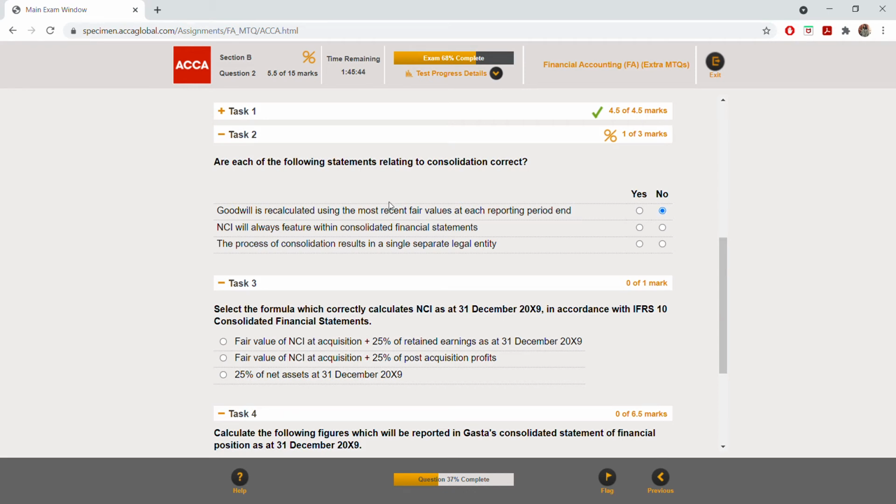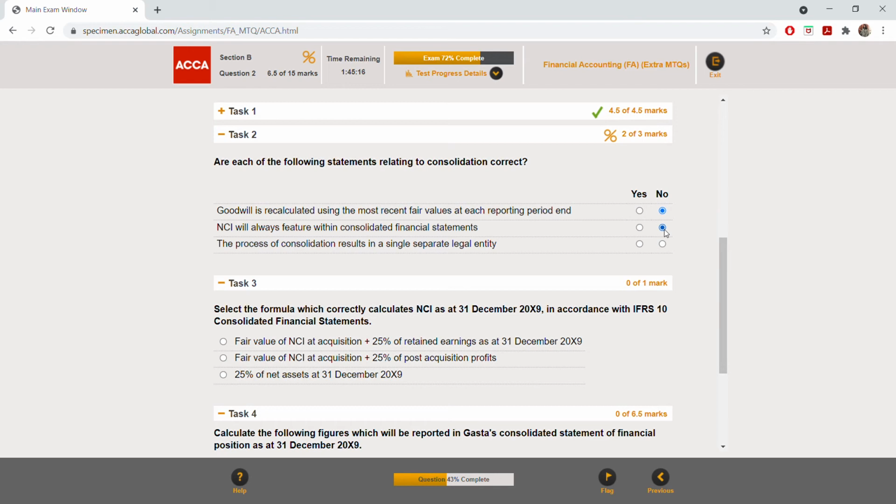Next, NCI will always feature within consolidated financial statements. Is it? No. Why? Goodwill is calculated at the date of acquisition. Sorry, I just messed it up. Goodwill is recalculated using the most recent fair values at the reporting date. The answer is no, because goodwill is calculated at the date of acquisition.